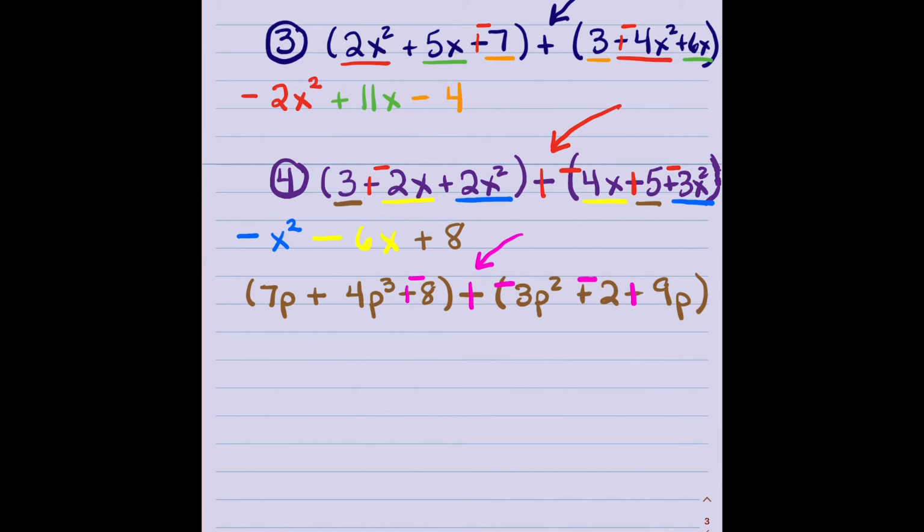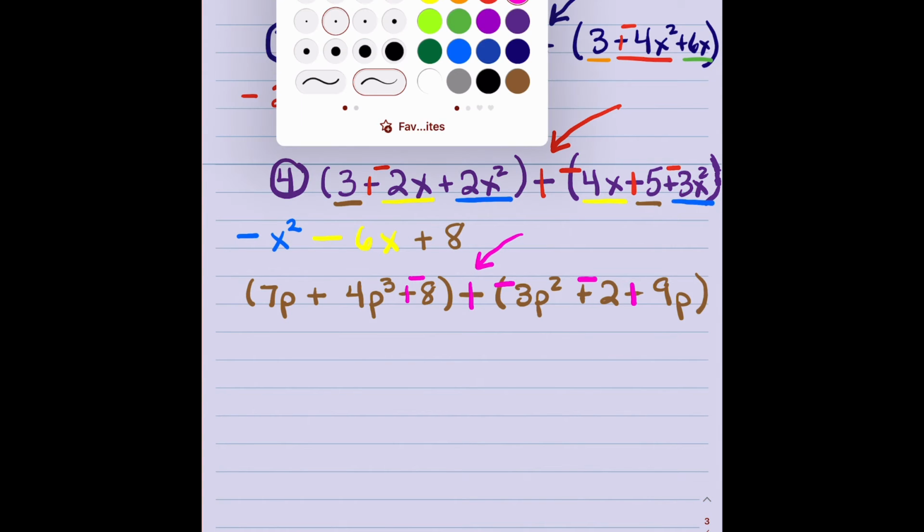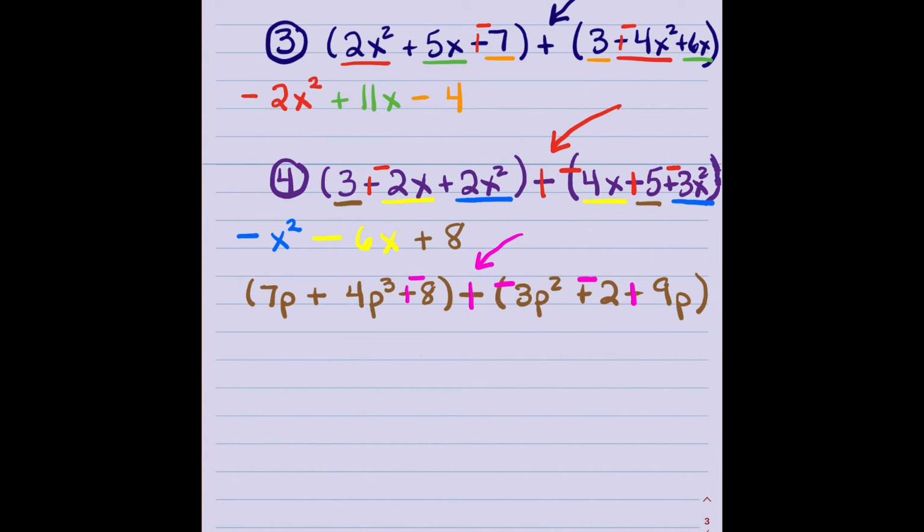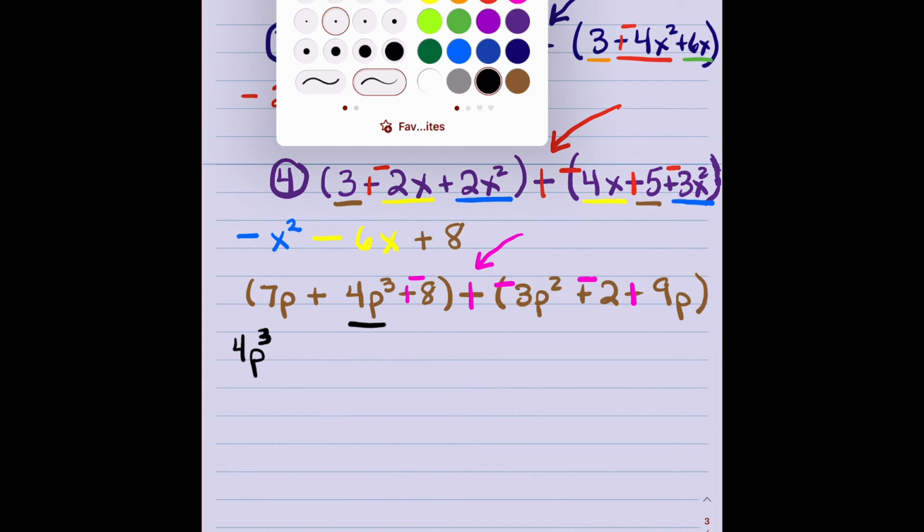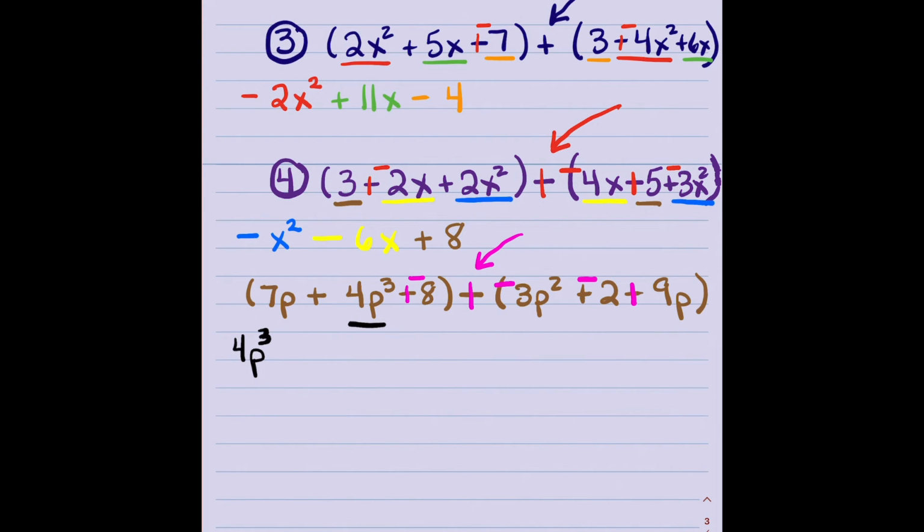Now I'm just going to very carefully combine my like terms. First thing I'm going to look at here is 4p to the third. And there are no other p to the third, so I'm just going to put 4p to the third first. The next thing I want to look at is p squared.